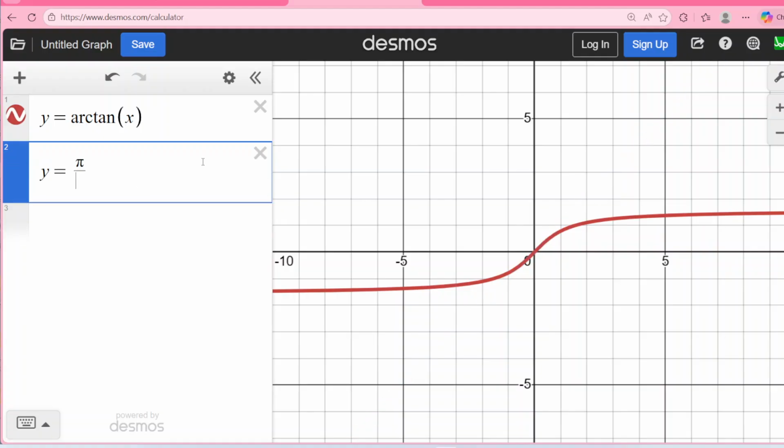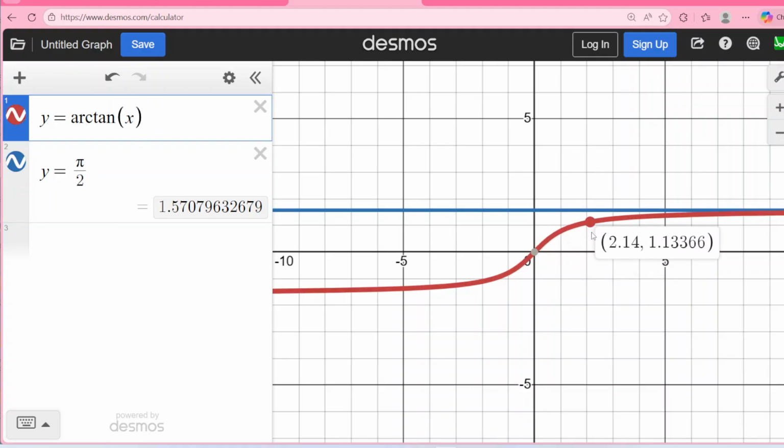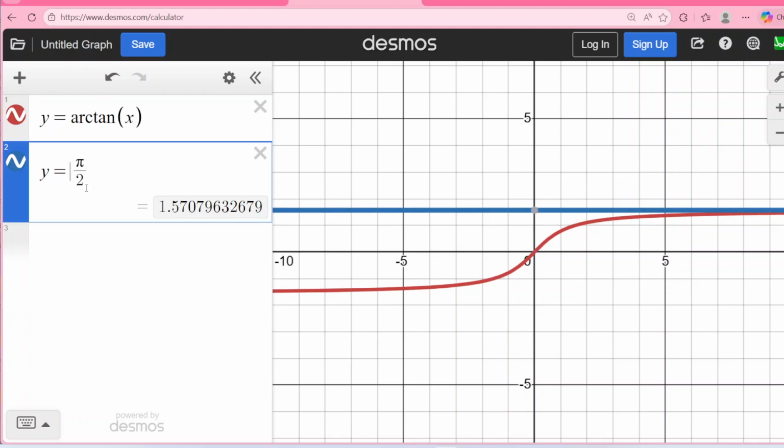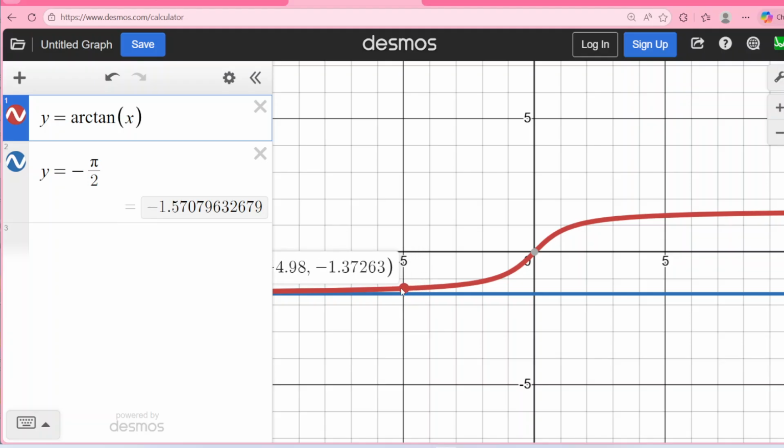approaches, here's y equals pi over 2. See how as I move to the far right, the point on the red curve is getting closer and closer to this pi over 2 value. And then here's y equals negative pi over 2. That's the asymptote to the left. As I go to the far left, the values are approaching negative pi over 2.